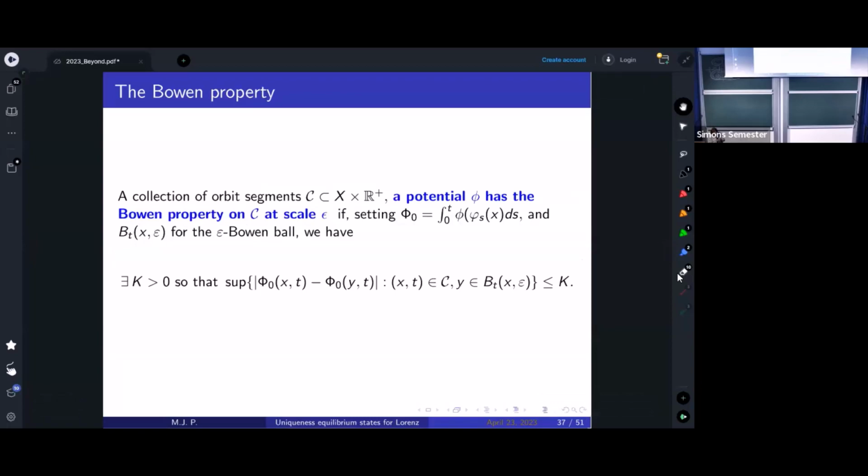And the Bowen property. What is the Bowen property? It is the regularity of the potential, as Bowen calls it.